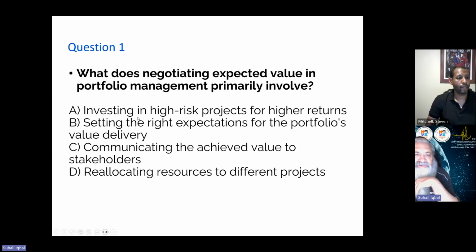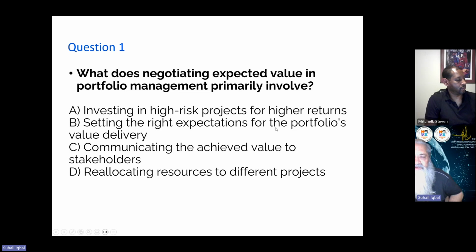Look at a few questions. What does negotiating expected value in portfolio management primarily involve? Does it involve investing in a high-risk project for higher returns?